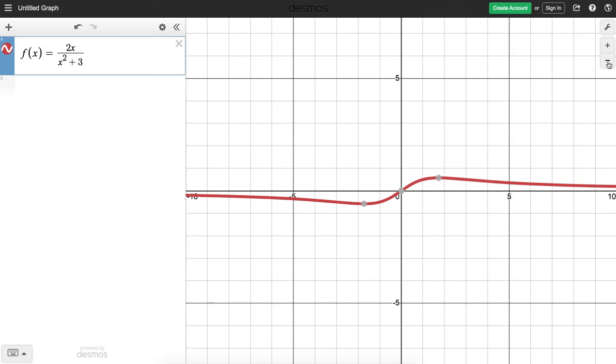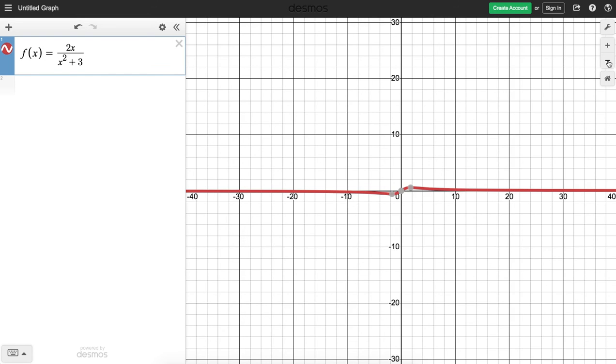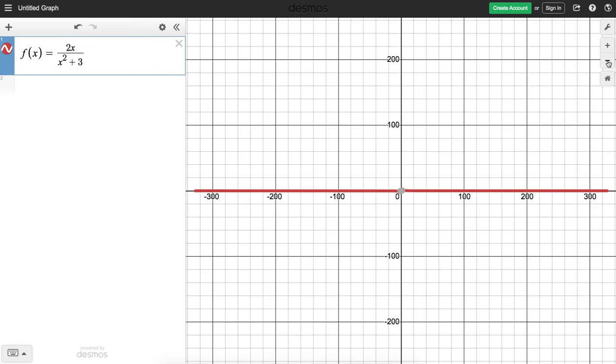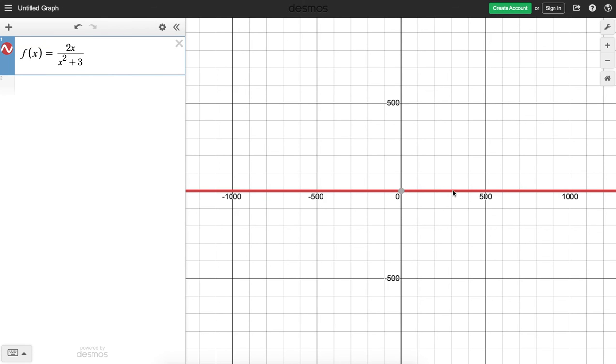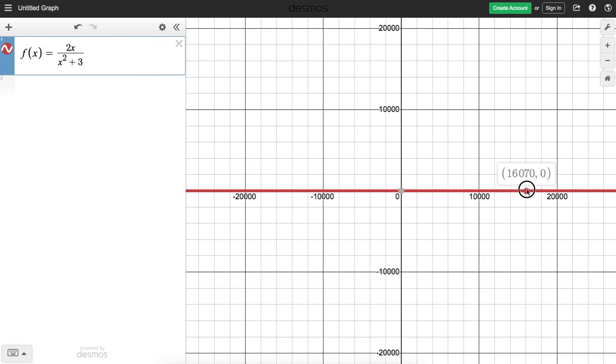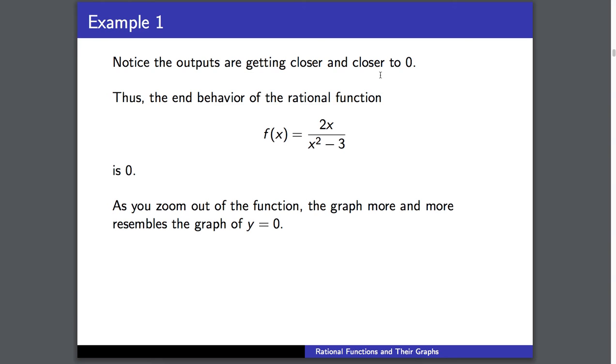As we zoom out further and further, we lose that interesting behavior around the origin, and it looks just like a flat line, like y equals 0. If we zoom out really far, decimals can only hold so many place values, so at 16,100 the calculator doesn't have enough storage capacity for that decimal and just gives back a 0 as a rounded answer.